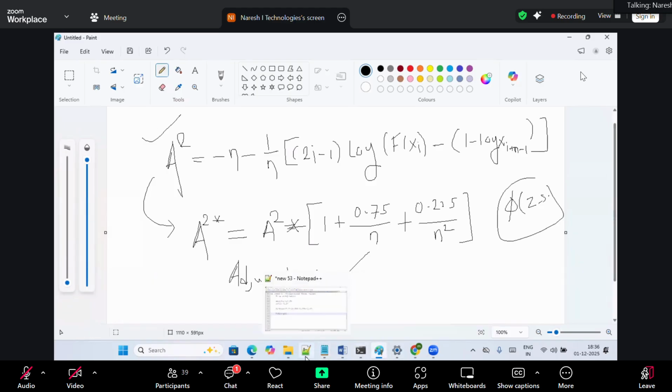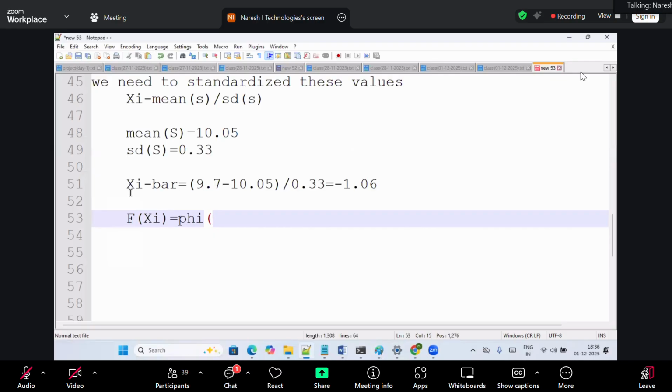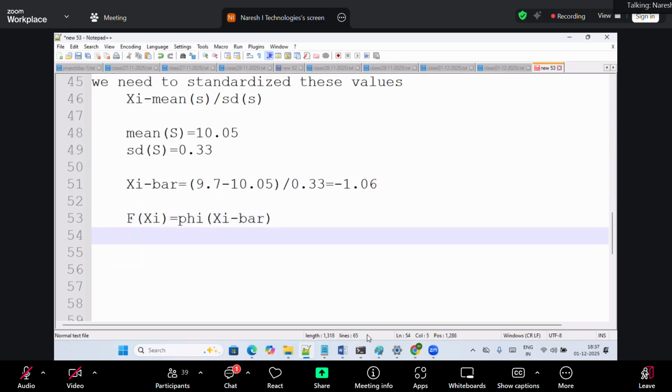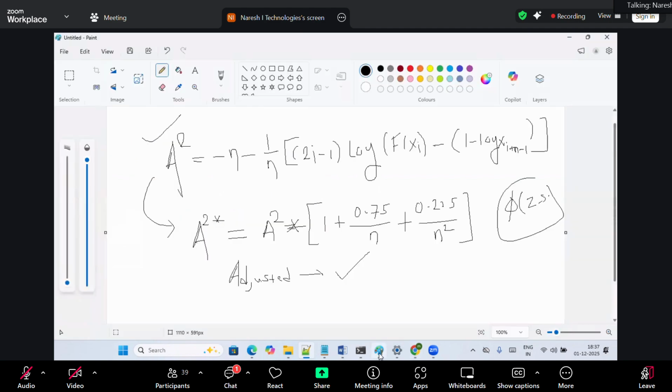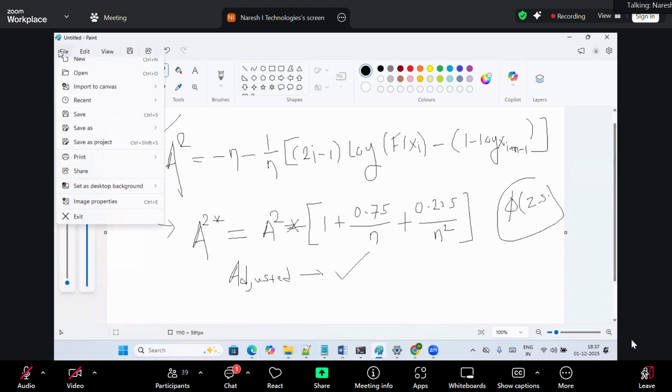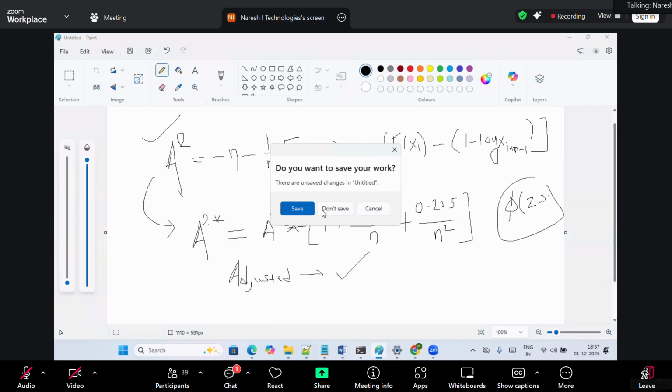So what I am trying to say, you will get phi of this xi bar. Right? Phi of this xi bar. This xi bar is nothing but what guys? The z score that you have calculated here. Correct? Now, how to calculate this phi of xi bar? आपको इसको calculate कैसे करना है? So guys, to get this one, you have one formula.